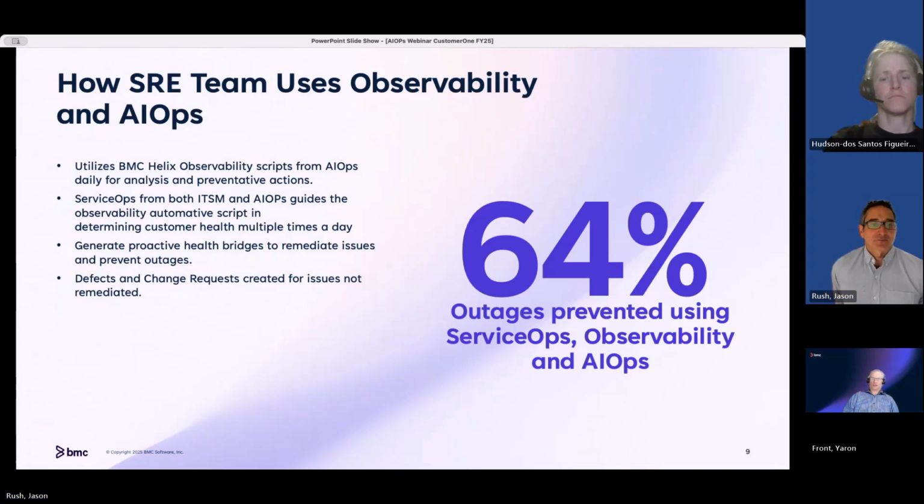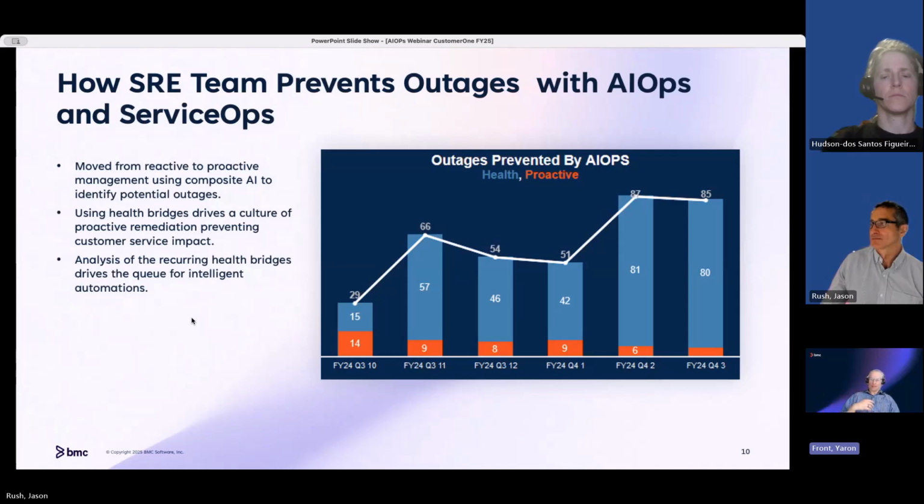Wow. So one of the things that you did mention just now is your move or the shift that you made from being reactive to being more proactive in disruption support and service management. How has this shift impacted your day-to-day or your operations?